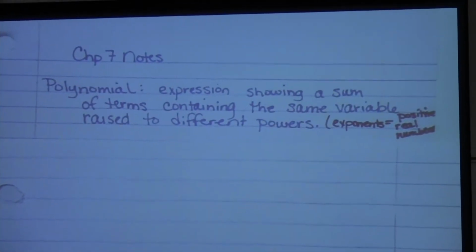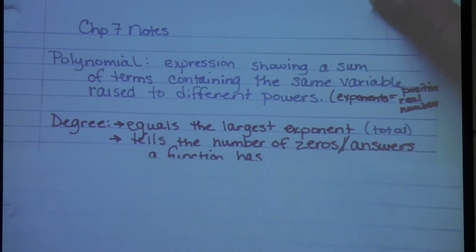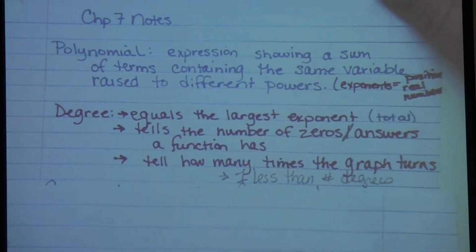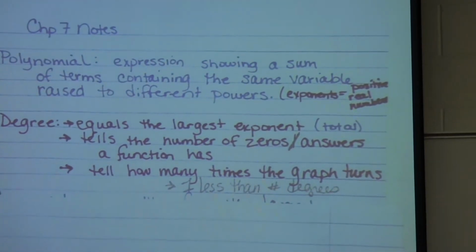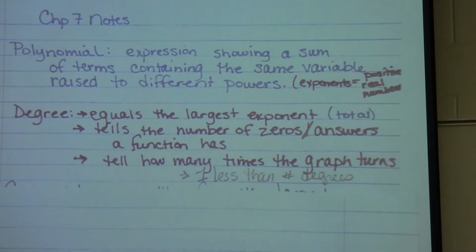Saying it's any function that's raised to a power. And that power that it's raised to is called the degree. So the degree equals whatever is the biggest exponent in my group.